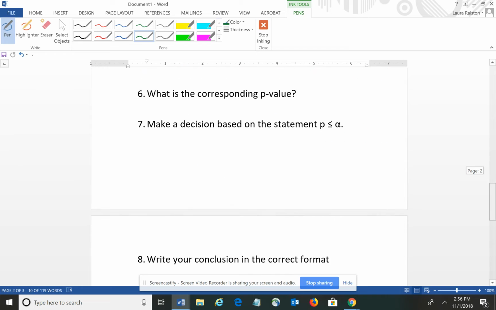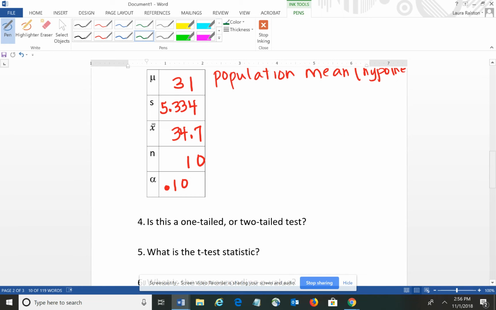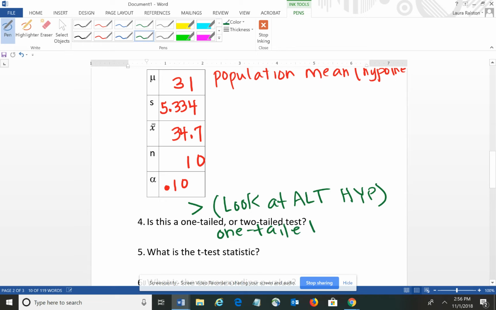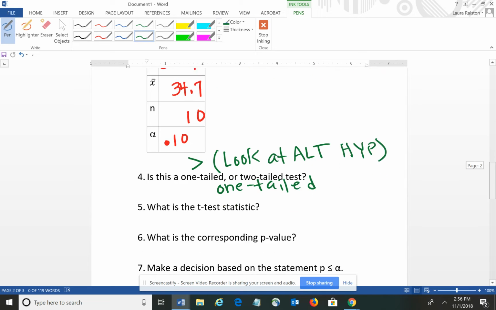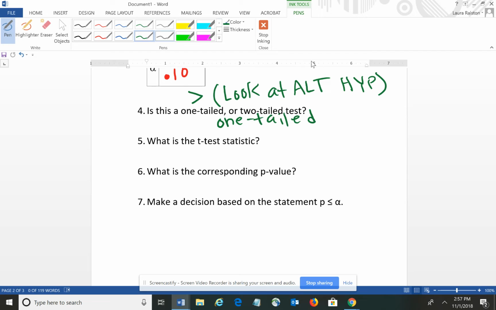Then it asks us to identify whether we have a one-tailed test or a two-tailed test. Remember, to make that decision, just as we did for the z-test, we're going to look at the alternative hypothesis. This alternative hypothesis contains greater than. So again, in this case, it is a one-tailed test. Then I need to calculate the t-test statistic and the corresponding p-value.